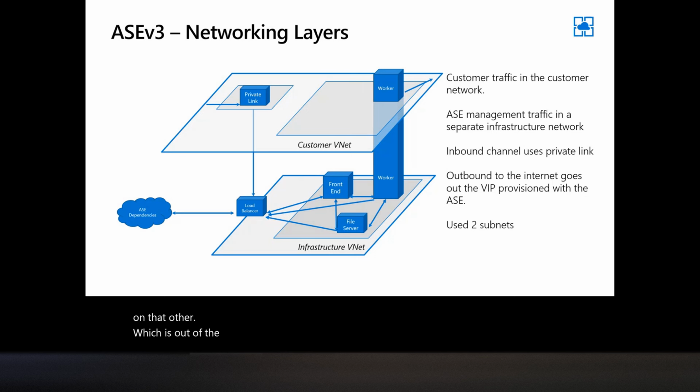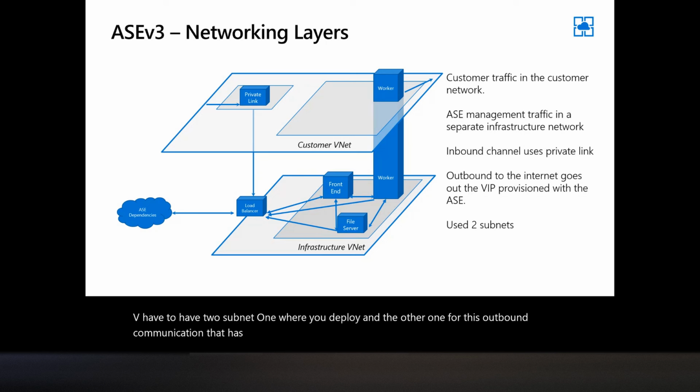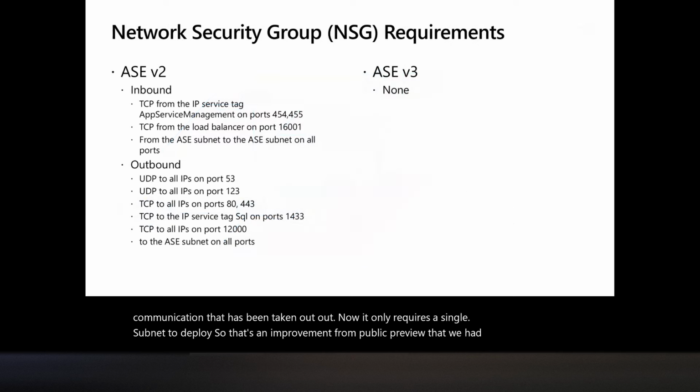And by the way, it used two subnets with the public preview. If you remember, we had to have two subnets, one where you deploy and the other one for outbound communication. That has been taken out. Now it only requires a single subnet to deploy. So that's an improvement from the public preview that we had 6 months ago.